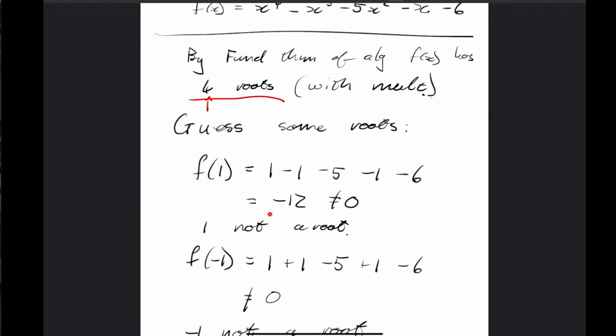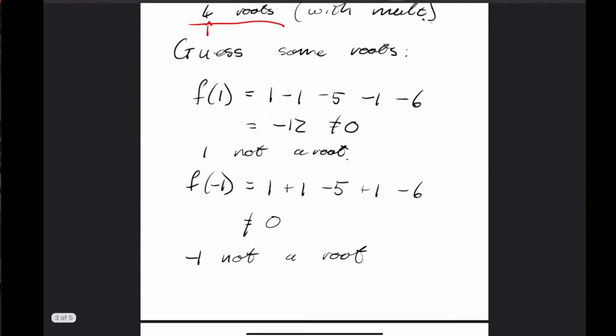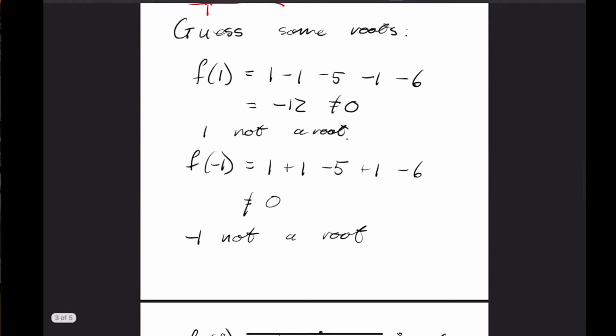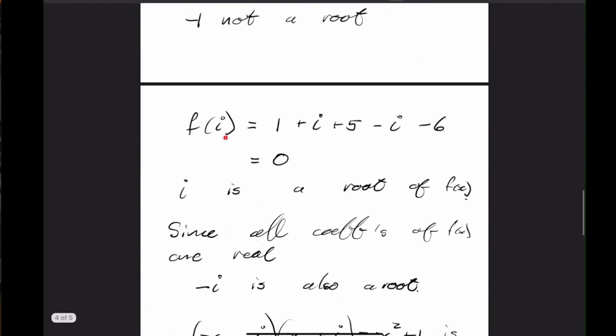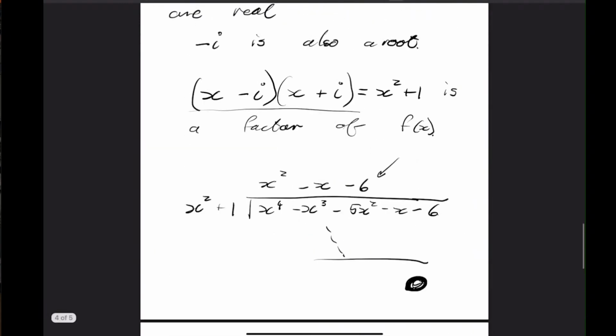So we plug it in, we get minus 12. Minus 12 is not 0, 1 is not a root. Try minus 1, same thing, we get something non-zero, so minus 1 is not a root. We try i, and then we immediately see we get 0, so i is a root, so we know that x minus i is a factor.